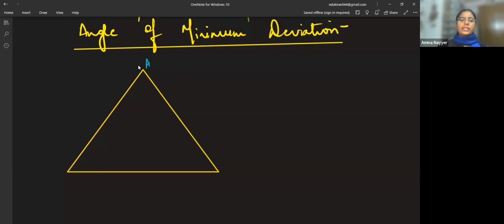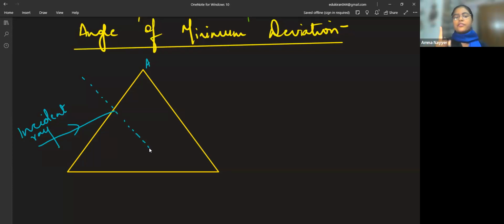Now, in this prism, the incident light ray will be incident on it. So suppose I have drawn this. This is the incident ray. This is the normal to it. So what happens?